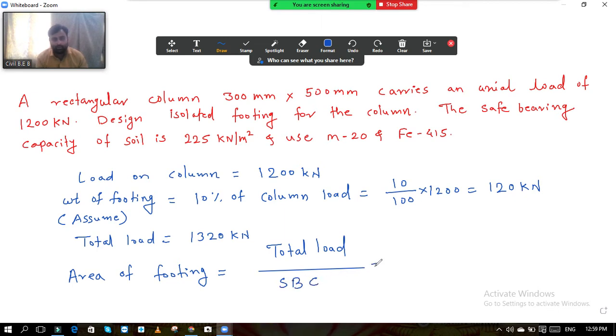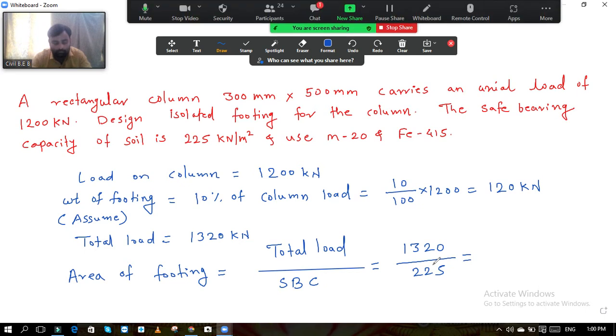So our total load is 1320 divided by 225 safe bearing capacity. Do it and let me know the answer. It is 5.86 meter square is the area.